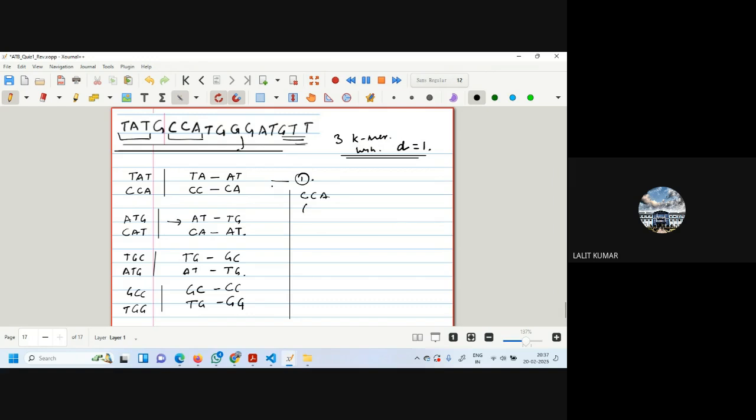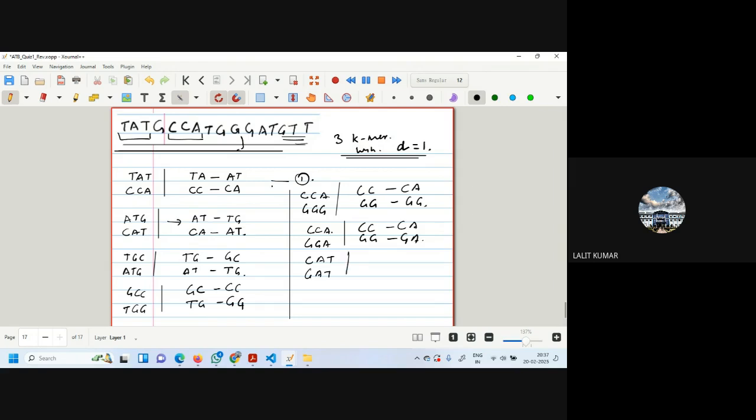This will become GGG, CCCA, GGGG. We come now from GCC to CCA, and here GGA, CCCA, GGGA. Now we come to CAT, and here we come GAT.